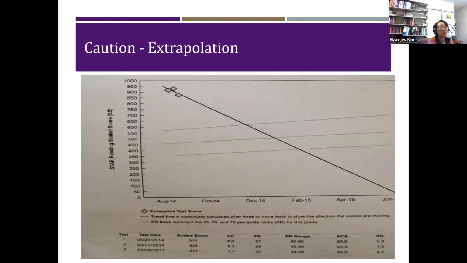We're going to talk about two different cautions when you're interpreting a linear regression line. The first one is about extrapolation. This is a data set from a fourth grader who has really good reading skills. The student's reading scores are 900, 950, or 850-ish, so that's the range of this person's reading.